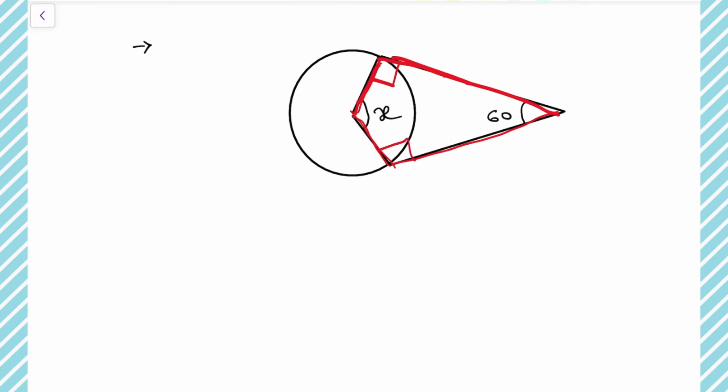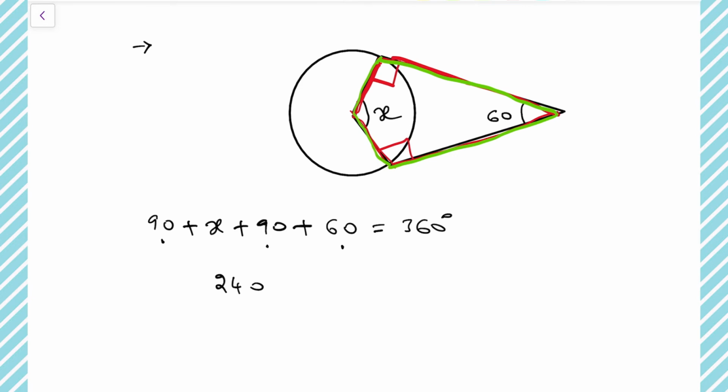Now if you observe the figure clearly, this is the first side, second side, third side, fourth side. 4 sides are there, so it is a quadrilateral. The sum of all the angles in a quadrilateral is 360 degrees. So the first angle is 90 degrees, where the radius touches the tangent, plus the second angle is unknown, that is x, plus the third angle, again where the radius touches the tangent, 90 degrees, plus the fourth angle given in the question as 60 degrees, equals 360 degrees. 90 plus 90 is 180, 180 plus 60 is 240, plus the unknown angle x equals 360 degrees.